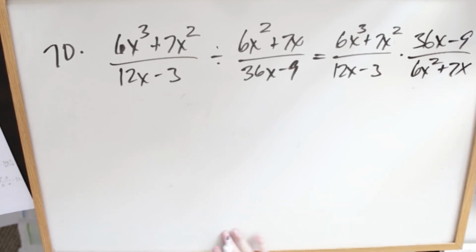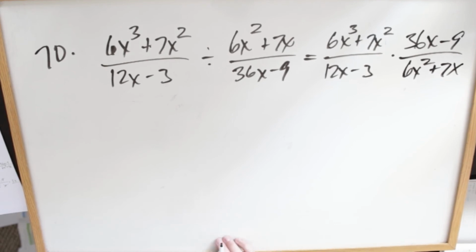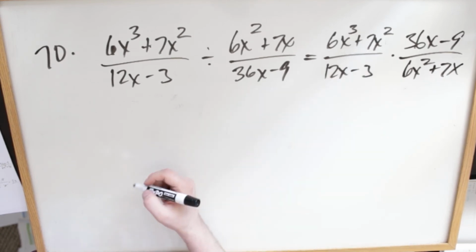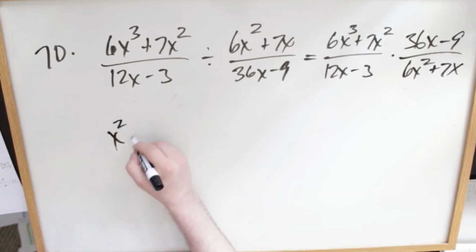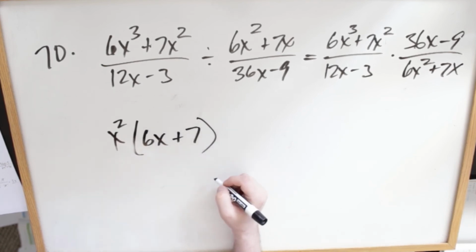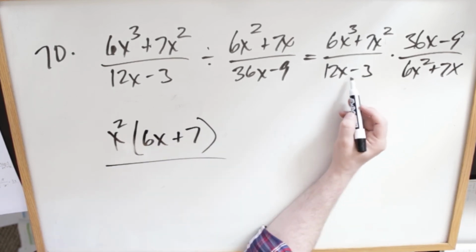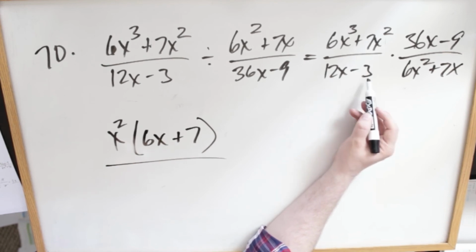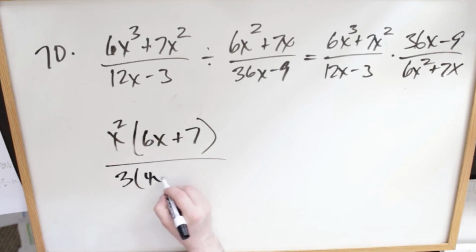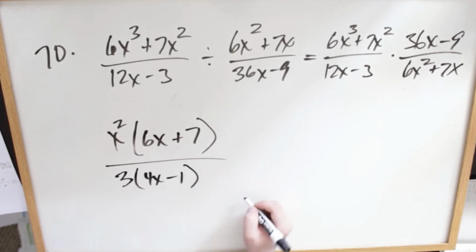Okay? And now we do exactly what we just did in the last question. We're going to do each individual piece. So we've got a 6x cubed and a 7x squared. I'm going to pull out an x squared in front, and I'm going to be left with a 6x plus 7. For the bottom, I can pull a 3 out of both the 12 and the 3. So this will be a 3 times 4x minus 1.